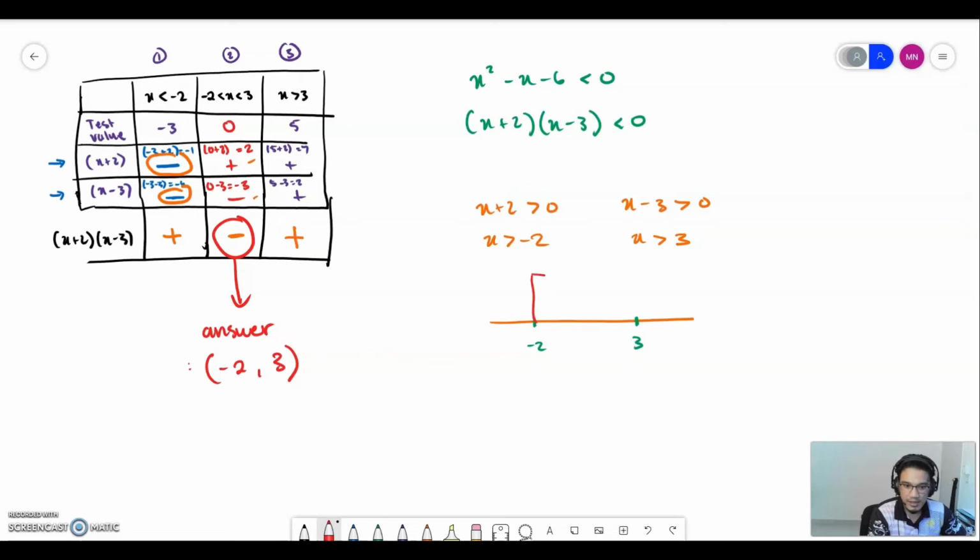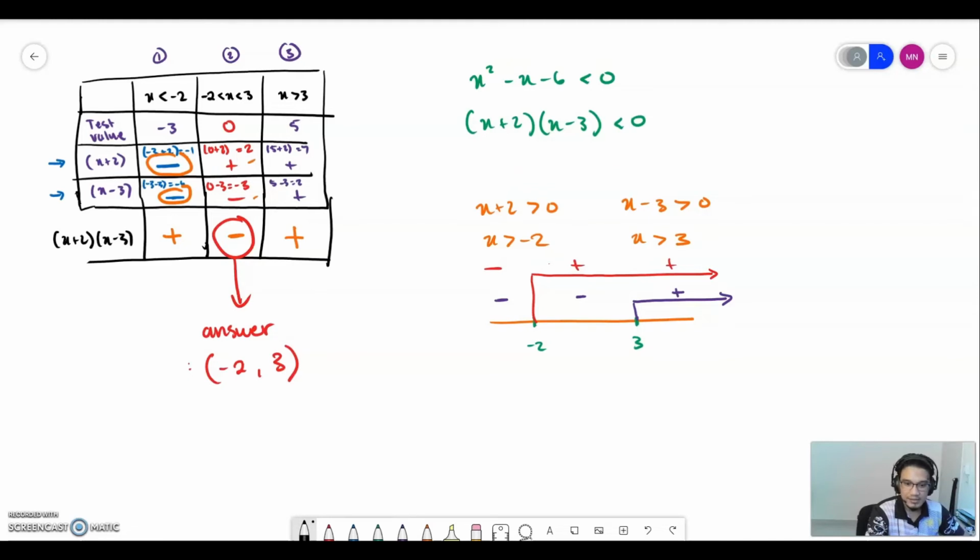Then you make an arrow that comes from -2 to the right, because x is bigger than -2, and the region where the arrow goes is the positive region, and the region where the arrow didn't go is the negative region. Then for x bigger than 3, it goes to the right. The region where the arrow goes is the positive region. The other region will become negative.